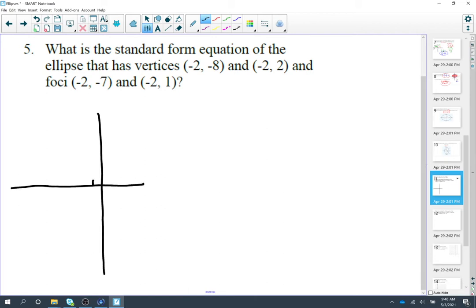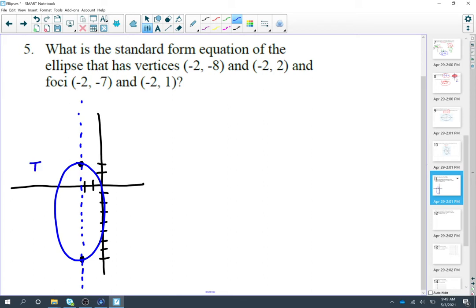Vertices are at (-2, -8) and (-2, 2). If those are my vertices, what that's telling me is that's my major axis. Looking at a really rough sketch of an ellipse, it's going to look something like that.